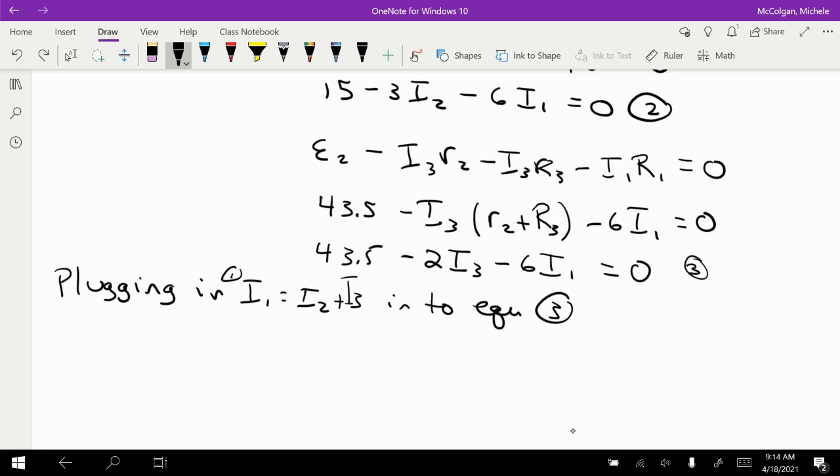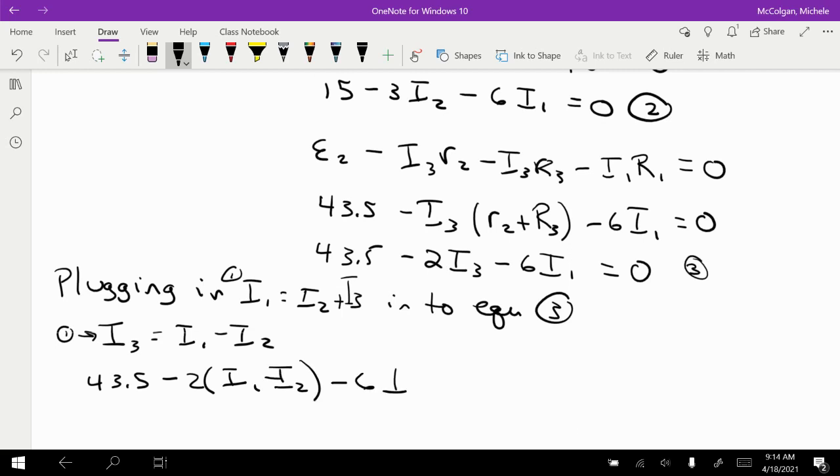Okay, so if I know I3 using equation 1, right, I3 is equal to I1 minus I2. So that's what I'm going to plug in for I3. So 43.5 minus 2 times I1 minus I2 minus 6I1 equals 0. Okay, so now I'm going to multiply through.